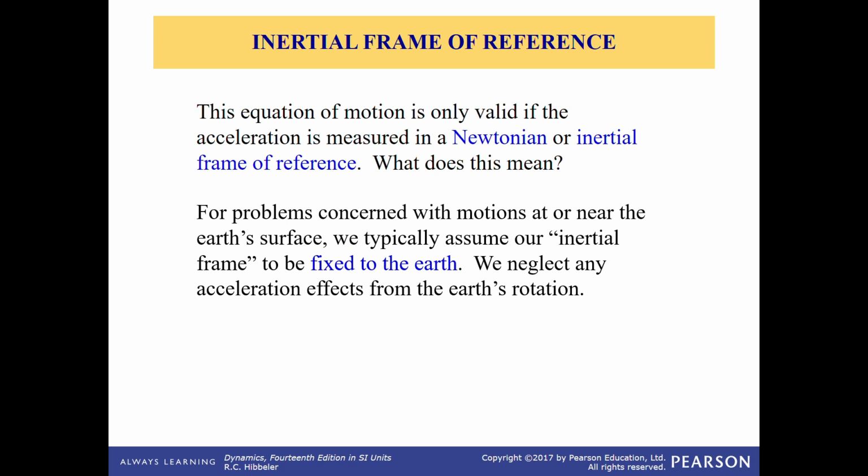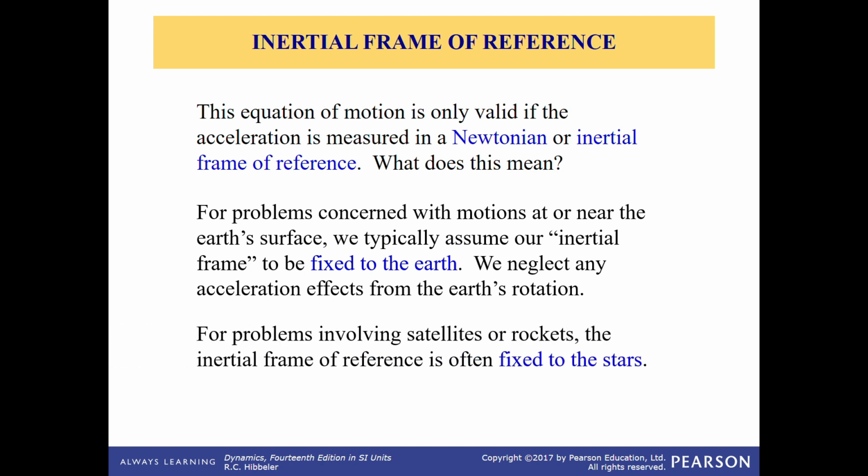So we neglect any acceleration effects from the Earth's rotation. So we just assume that the Earth is fixed. For problems involving satellites or rockets, the inertial frame of reference is often fixed to the stars.